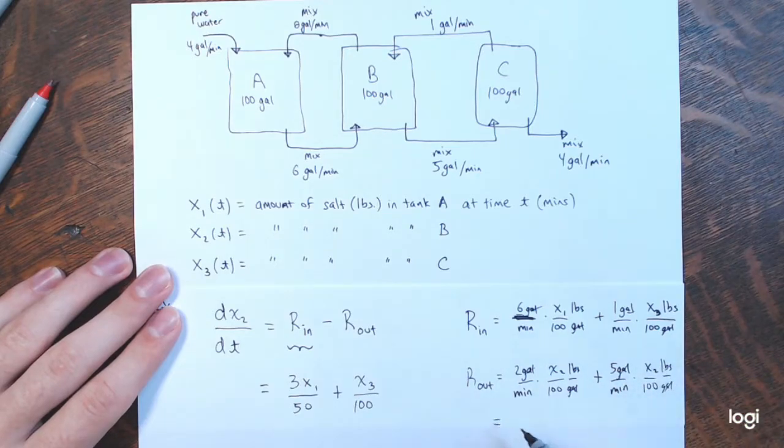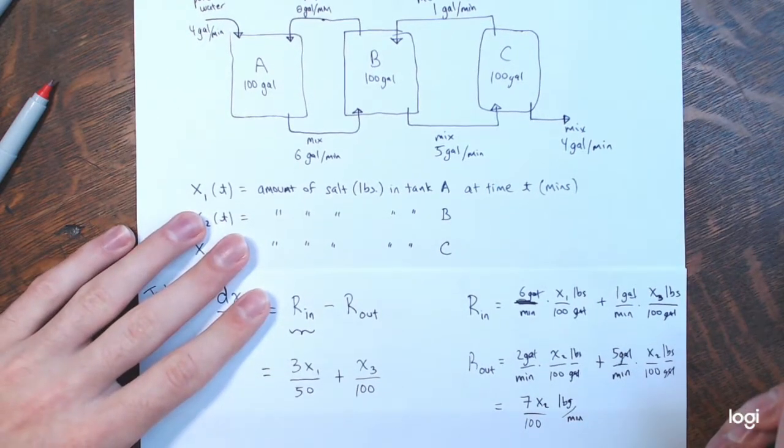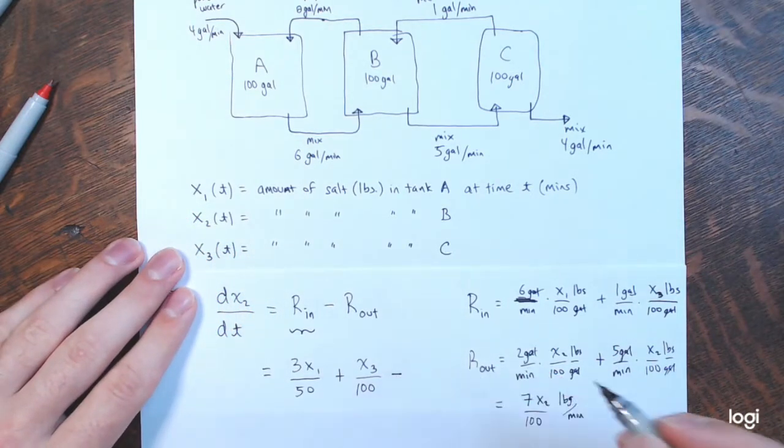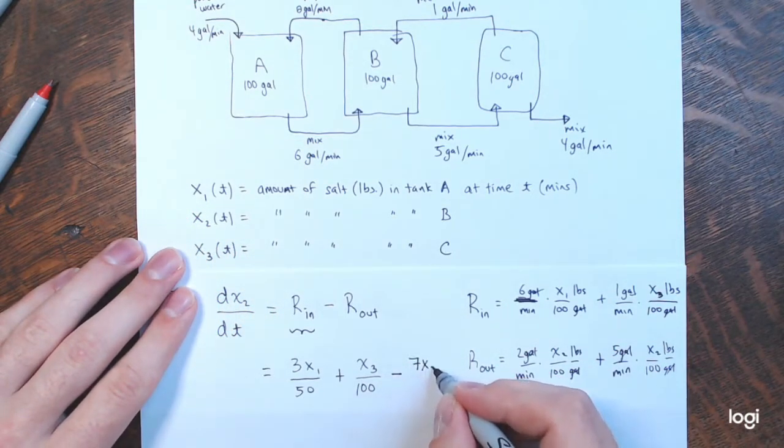So we have 2x2 plus 5x2, so that'd be a total of 7x2 over 100. They both have a denominator of 100 here. 7x2 pounds per minute of salt leaving tank B. So minus 7x2 over 100.